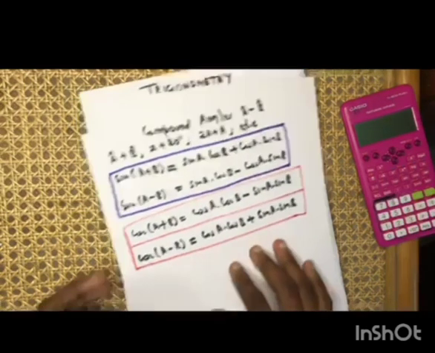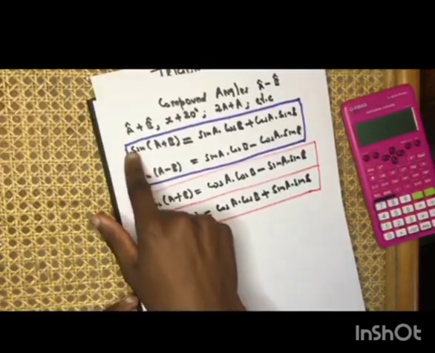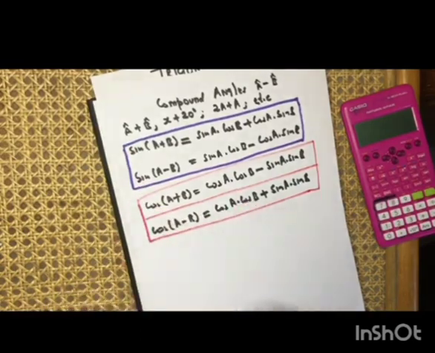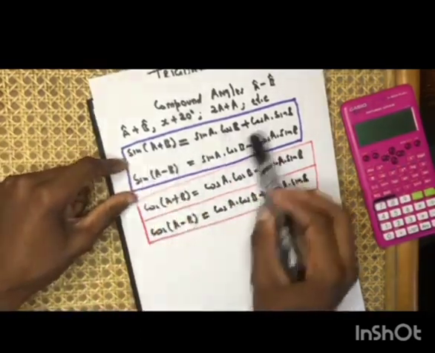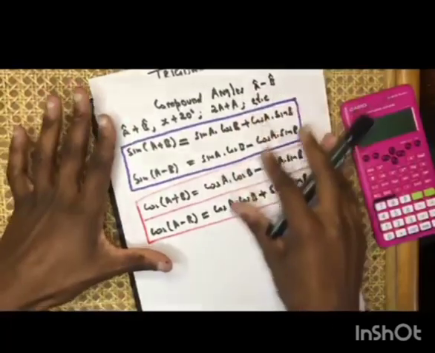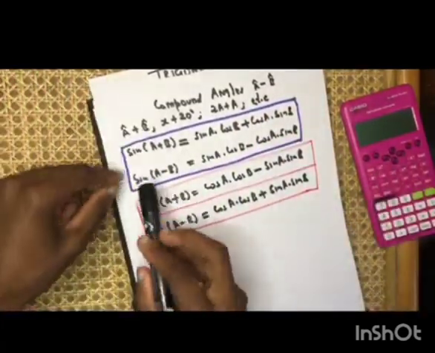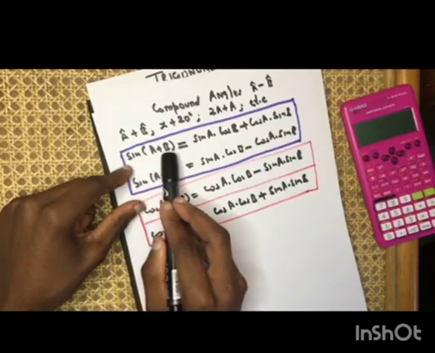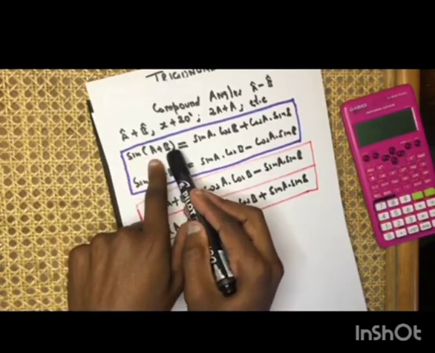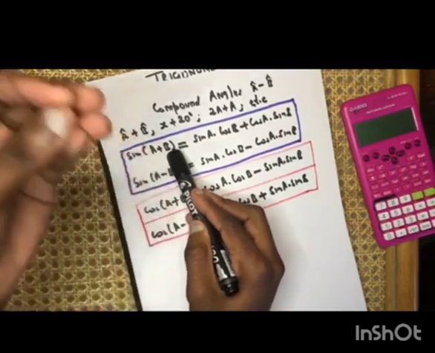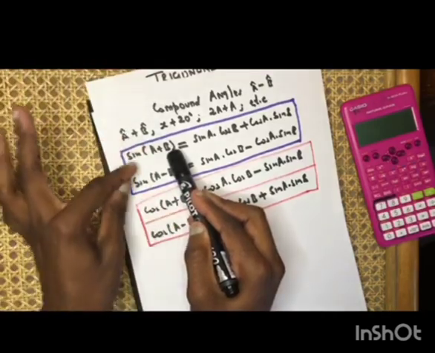But in this case, guys, we have a compound angle of sine and a compound angle of cos. Remember, there's no need for you to memorize these formulas. You have to know how to use them and how to see them. Here we have sine (A plus B). We see the two angles are being added, which means this is your compound angle.